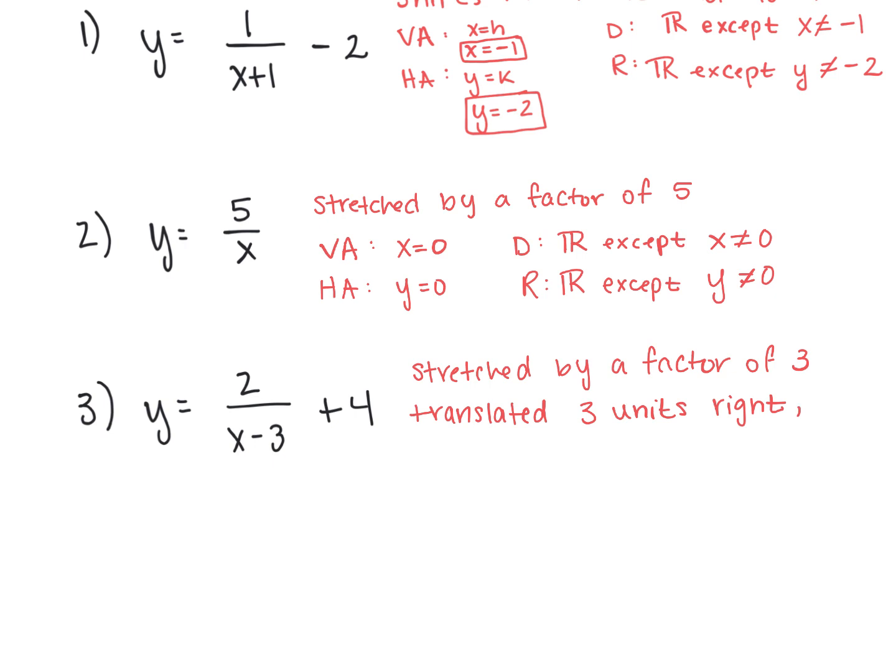And the plus 4 will move us 4 units up. So that means our vertical asymptote that correlates with our left to right movement is going to be x equals 3. Our domain will be all real numbers except x cannot equal 3.